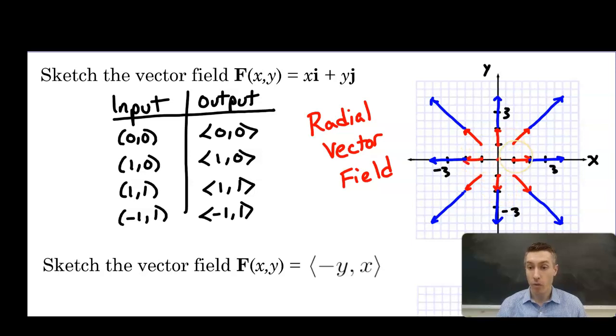So for instance, the 4 red vectors on the axes would all be touching the circle of radius 1, and they all have a magnitude of 1. And then if we draw a circle that's a little bit larger for the other 4 red vectors, those 4 vectors would be touching that circle, and they would all have the same magnitude. And we would continue to look at circles moving away from the origin, right? So that's called a radial vector field.